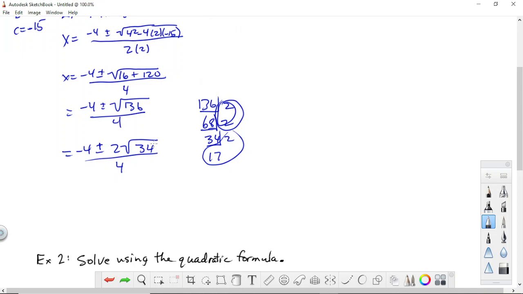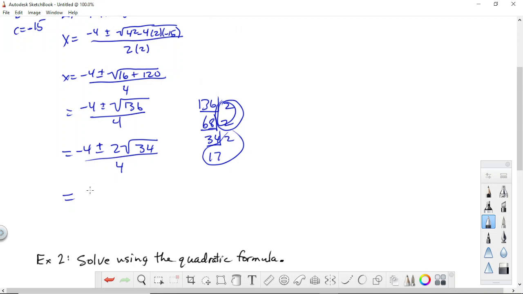Now, you do have to think about reducing. The way this is usually done is, if something goes into all 3 of these numbers, then you divide each of them by that number. But it has to go into all 3 or you don't bother. In this case, 2 goes into all 3, right? So we divide everything by 2, basically dividing the top and bottom of a fraction by the same thing, which is legal.